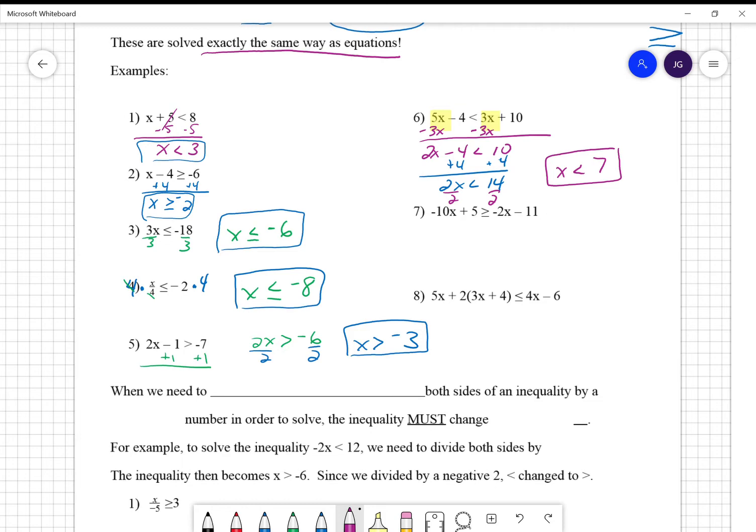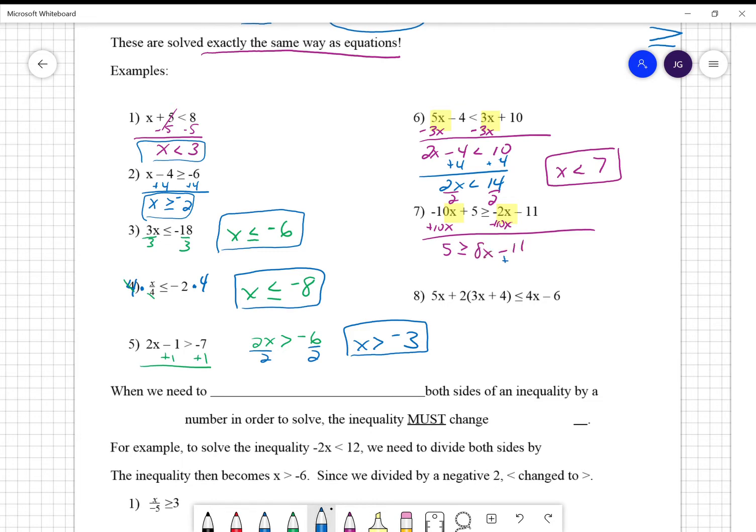In number 10, again, I have variables on both sides. To get x by itself, I'm going to move one. And to avoid negatives, I'm going to move the smaller one, which in this case is negative 10x. I get 5 is greater than or equal to 8x minus 11.